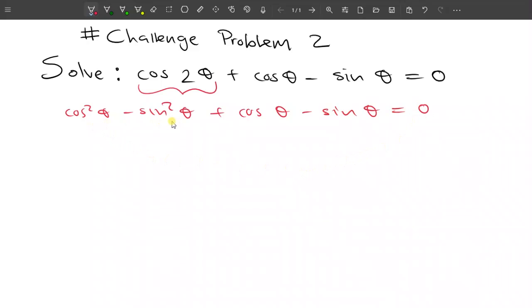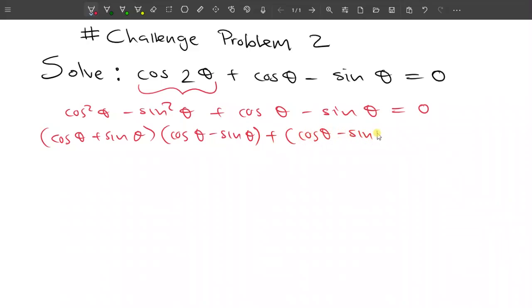Then you have to recognize that this is a difference of two squares, so one can write it as (cos θ + sin θ)(cos θ − sin θ) + cos θ − sin θ = 0.